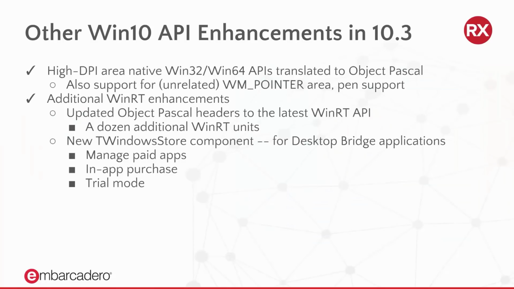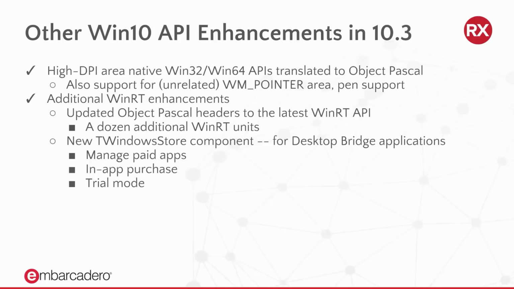Now, the new image collection and virtual image list and the per monitor v2 support are clearly key features for 10.3 VCL in terms of Windows and High DPI. There are other things that have been done that are related, although not all of them are strictly related. We have exposed a lot of the low-level native APIs for High DPI, even more than what we use in the VCL.